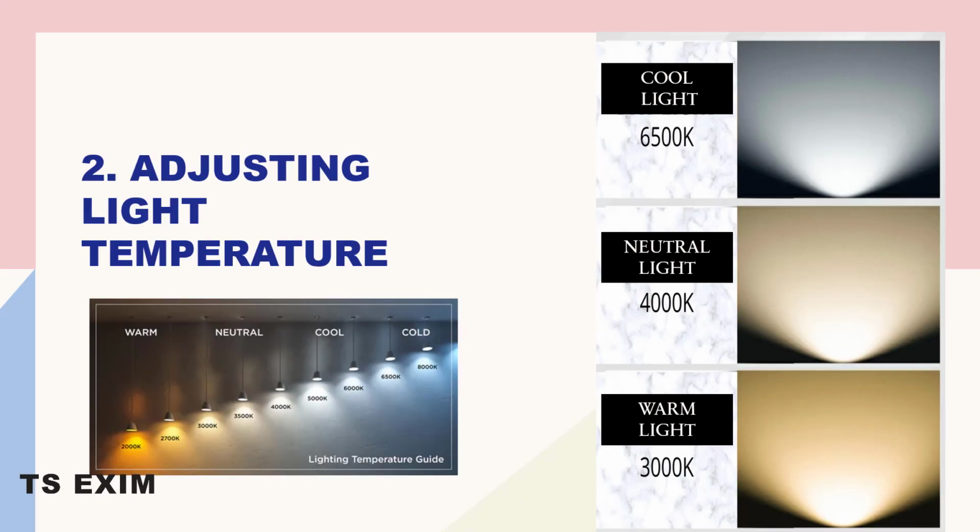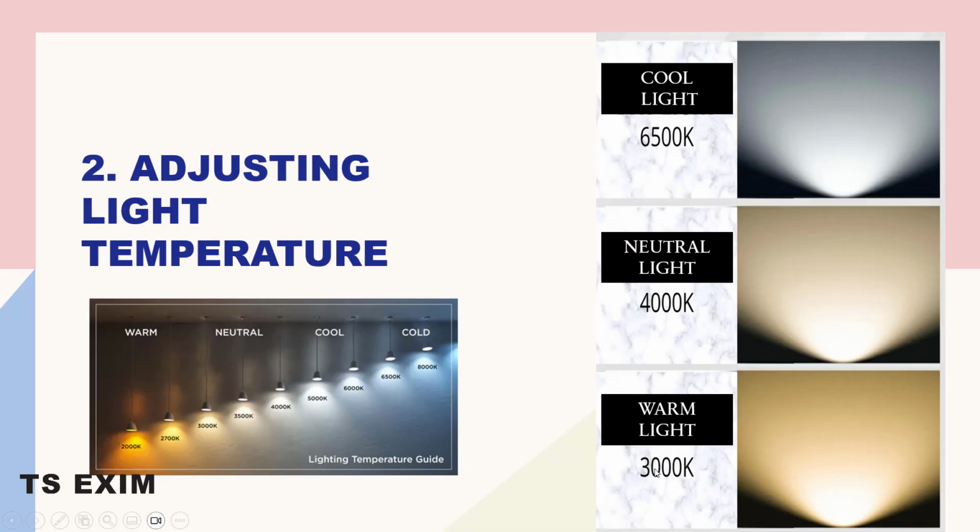Next topic is how to adjust light temperature. As you can see in the image down here, this is the level from warm, neutral to cold lighting, and on the right side is the recommendation. Kelvin is the temperature for warm light, neutral light, and cool light. Usually for warm light, we will use around 2000 to 3000.